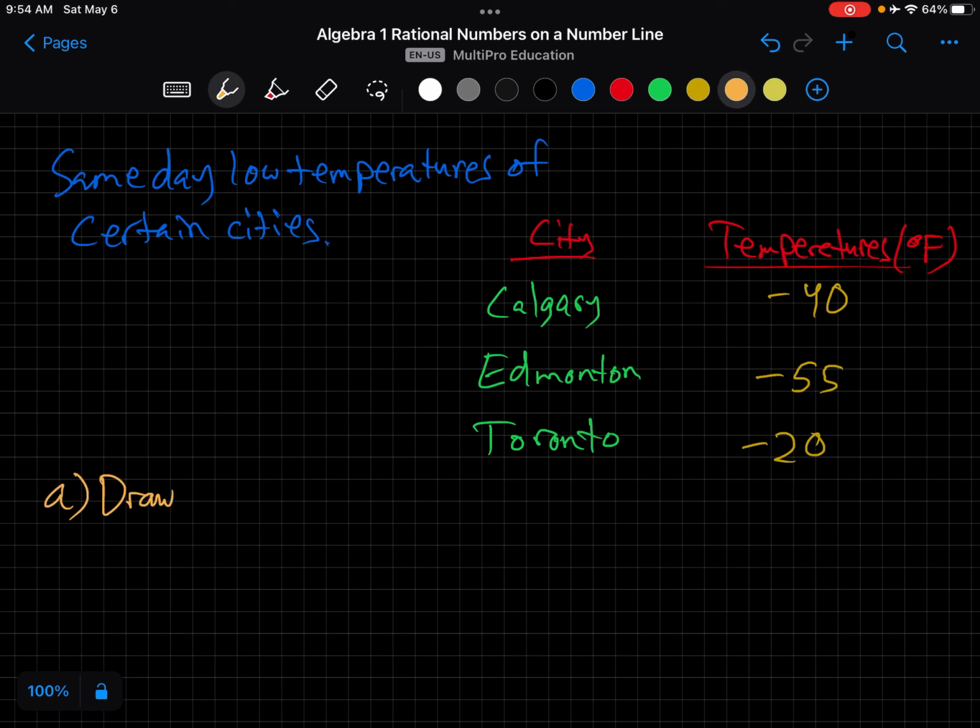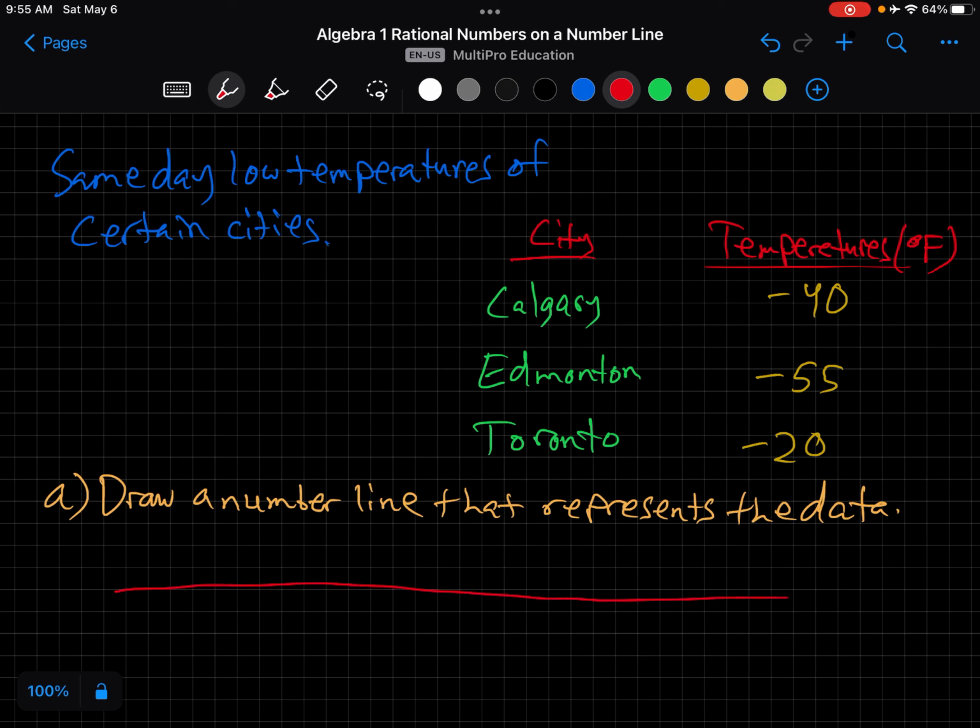So what do we want to do? We want to draw a number line that represents the data. Okay, so let's draw a number line. Oh, let's do this a little differently. We're doing negative temperatures, so we won't put 0 on the right because the negative temperatures are on the left.